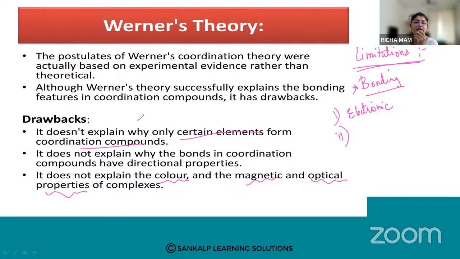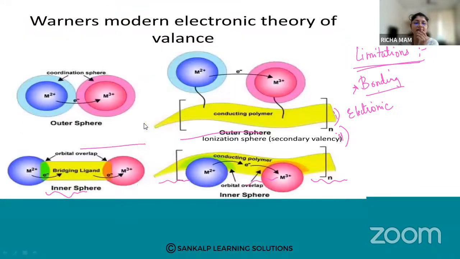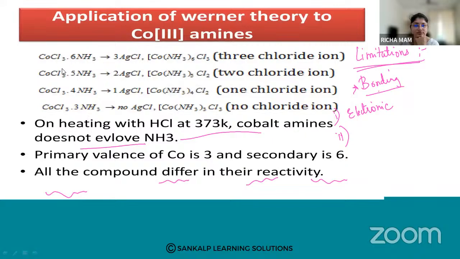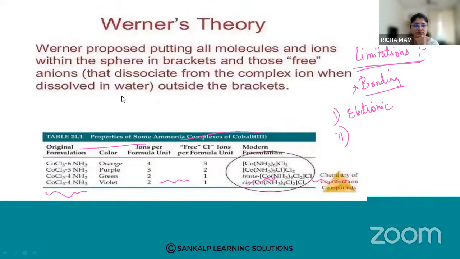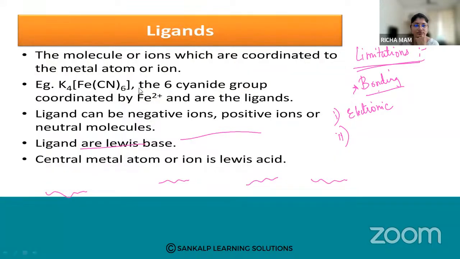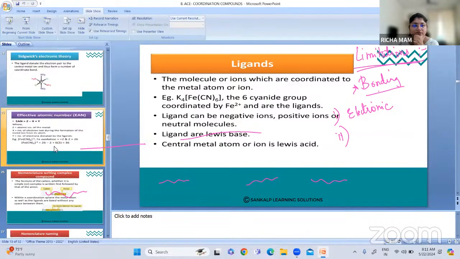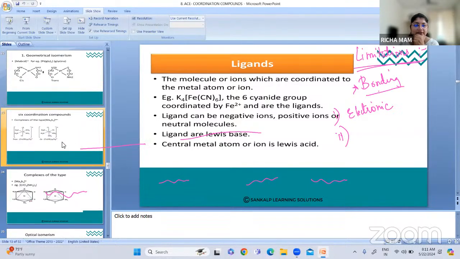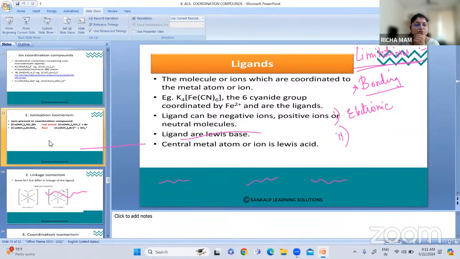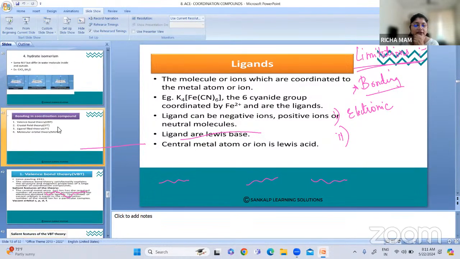Because he could not explain these things, it gave rise to Werner's modern electronic theory of valence. Because of the limitations of Werner's theory, they gave another theory.